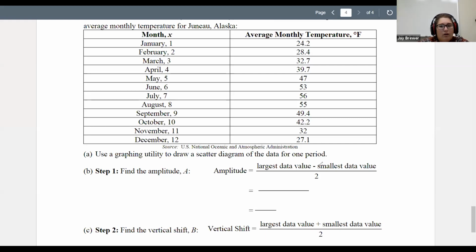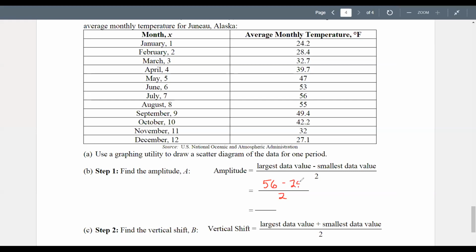So if we take our largest data value and subtract it from the smallest data value, what do you end up getting? What's your largest data value? Largest is 56. And then our smallest is in January, and it is 24.2.